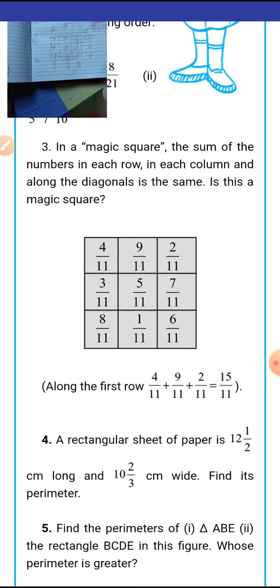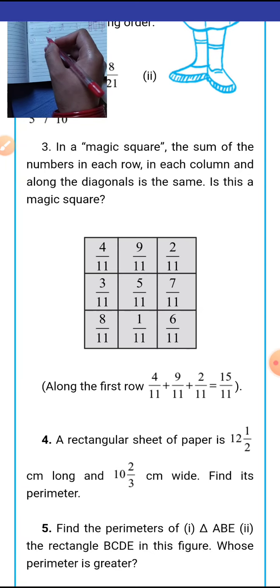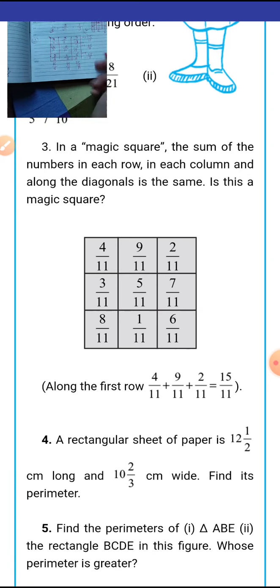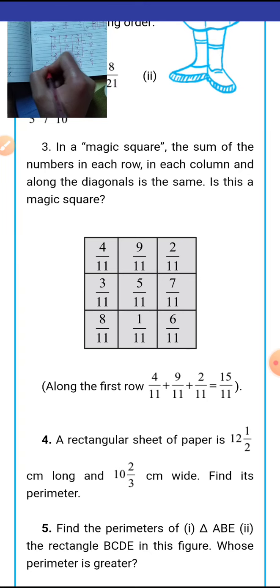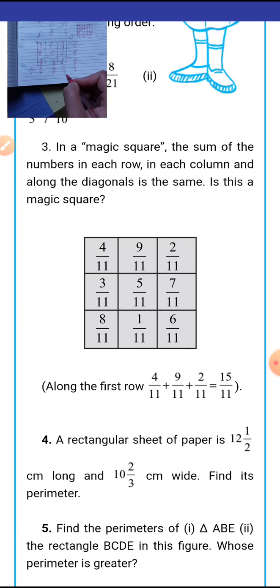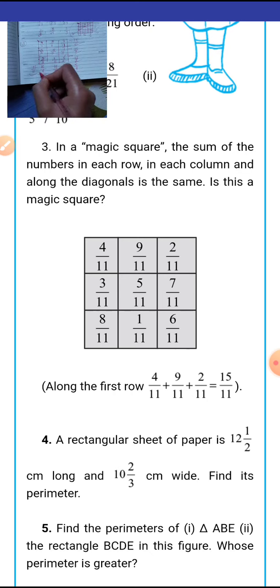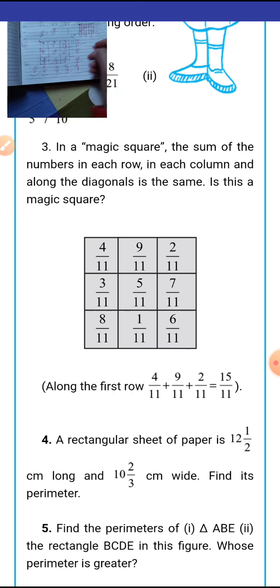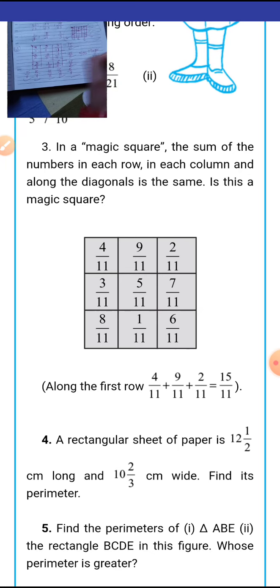Now move to our first diagonal, and the sum of the first diagonal is 15. Next we find the sum of the second diagonal, and it is also 15. Now you can clearly see that the sum of each row, each column and the diagonals are equal, so it is a magic square.